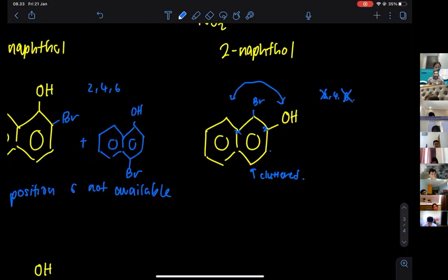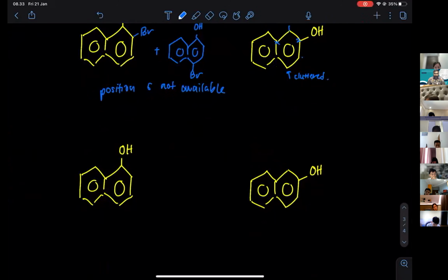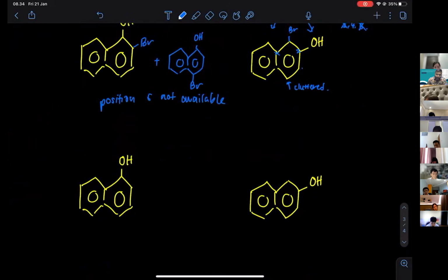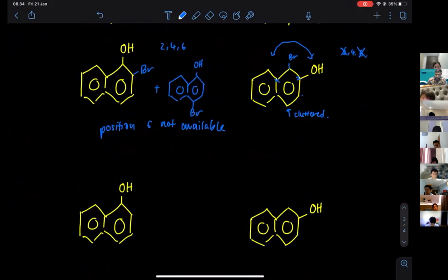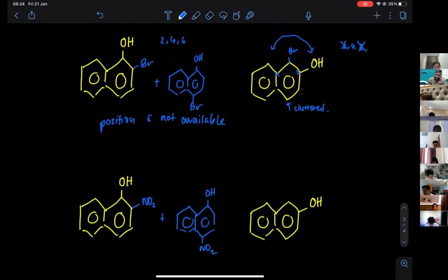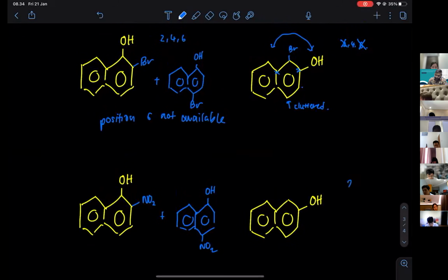The same thing will apply when you talk about nitration. You just need to put the NO2 here, and then you put this one OH, NO2 here. They are supposed to activate 2, 4, 6.